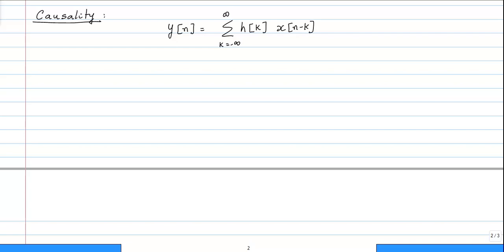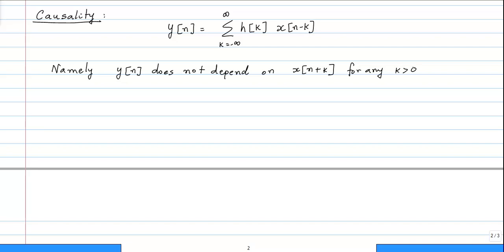Okay. Now, when is a system causal? Well, a system is causal if the output at time n does not depend on any future values of the input. Namely, y of n does not depend on x of n plus k for any positive values of k, for k greater than 0.